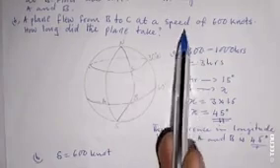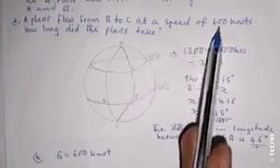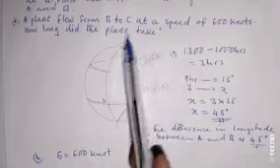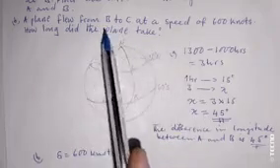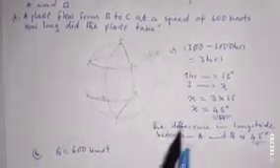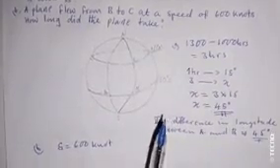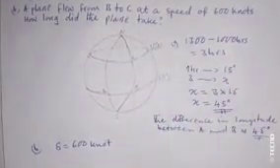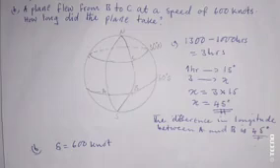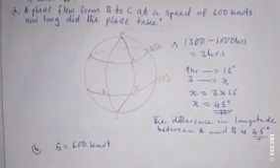So here we have the speed of 600 knots. Then how long did the plane take? When they ask how long, you are going to calculate time. How far is the distance.